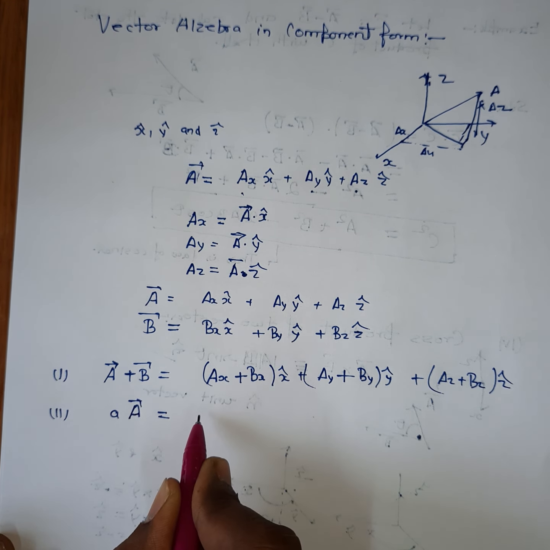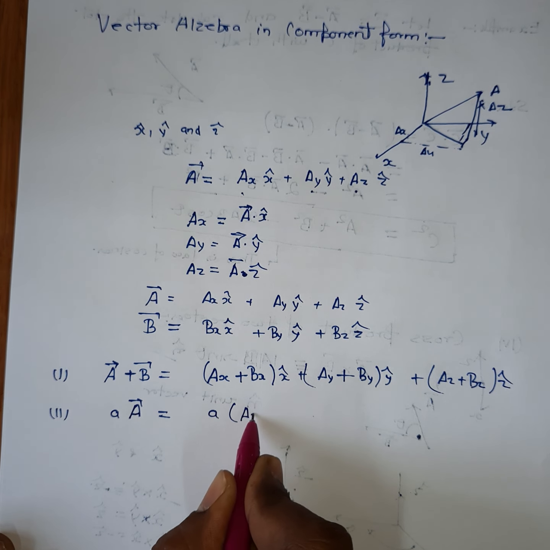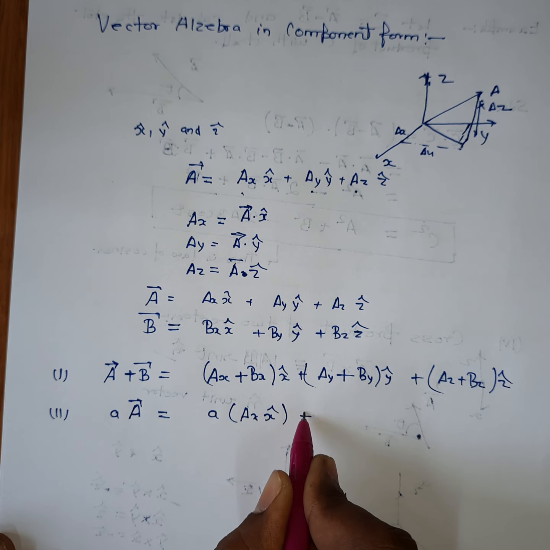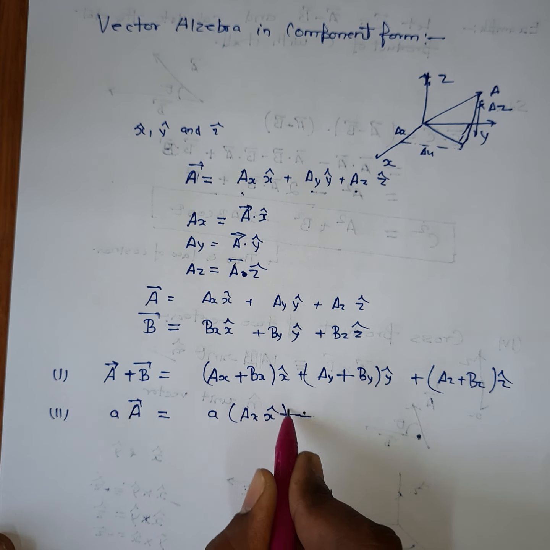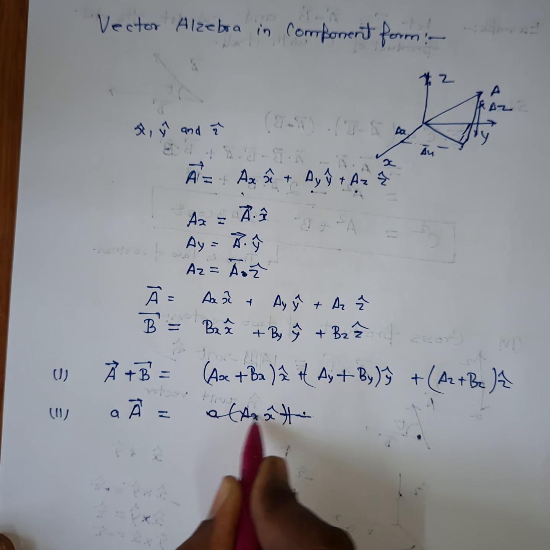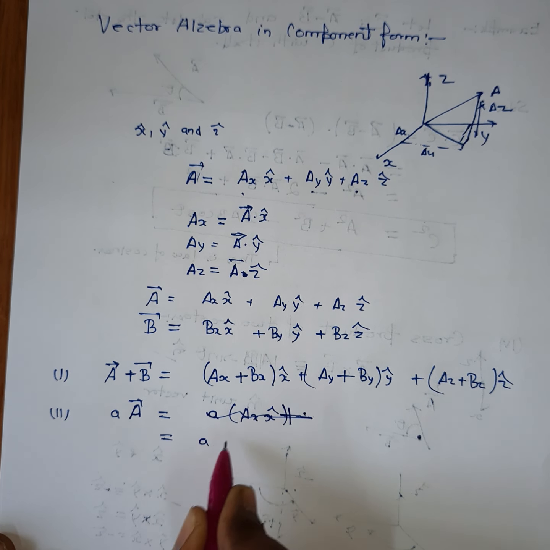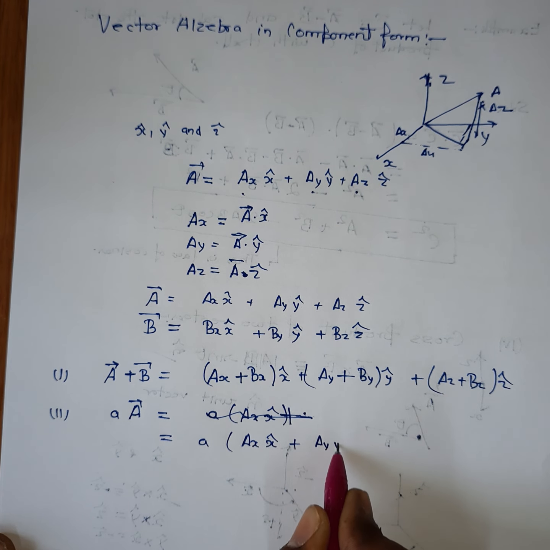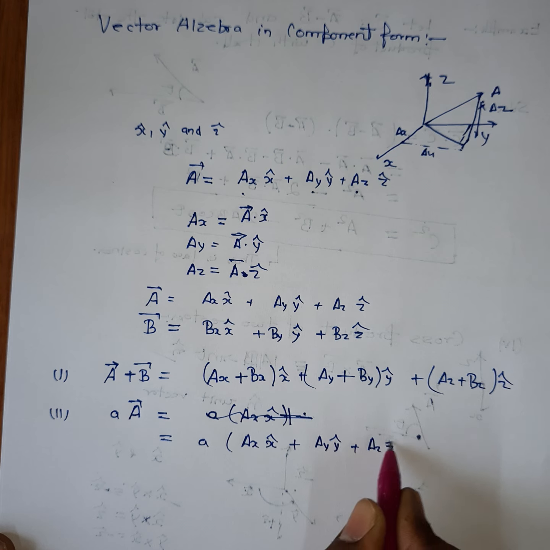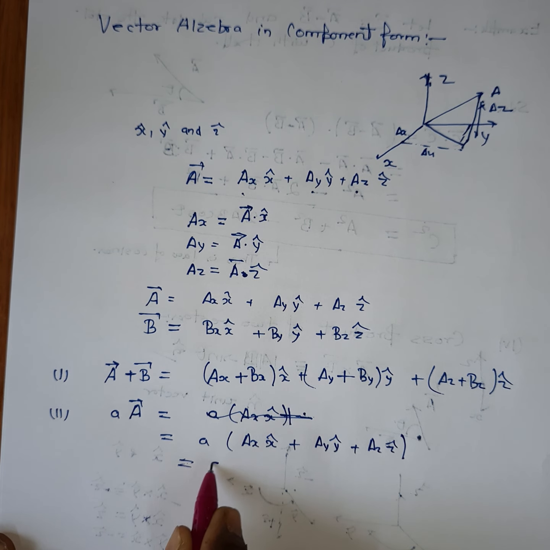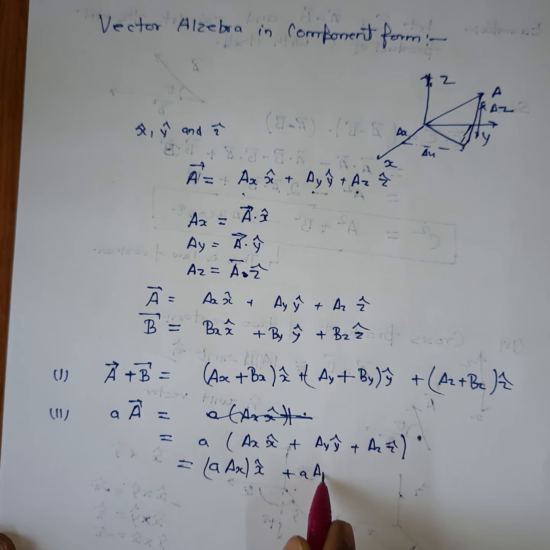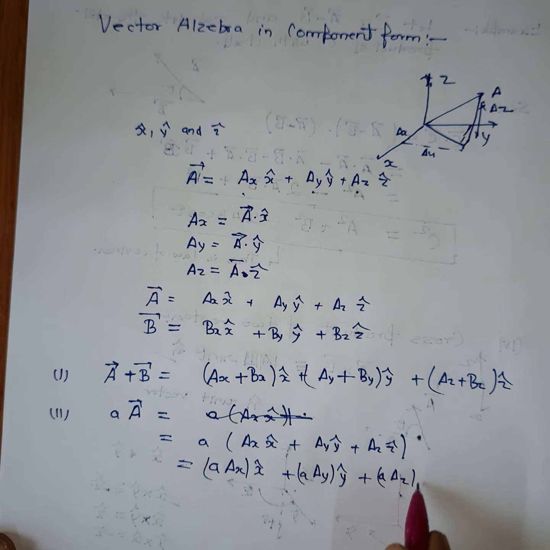Similarly, second, you can multiply a scalar quantity with this vector. So how will you do it? Write the a vector in component form, let me write it again to avoid any confusion: ax x cap, ay y cap, az z cap.